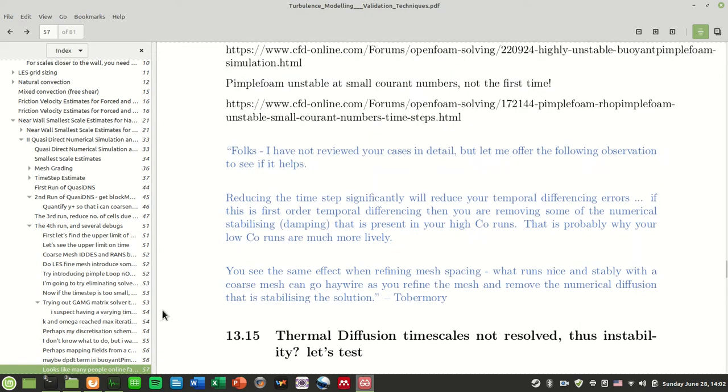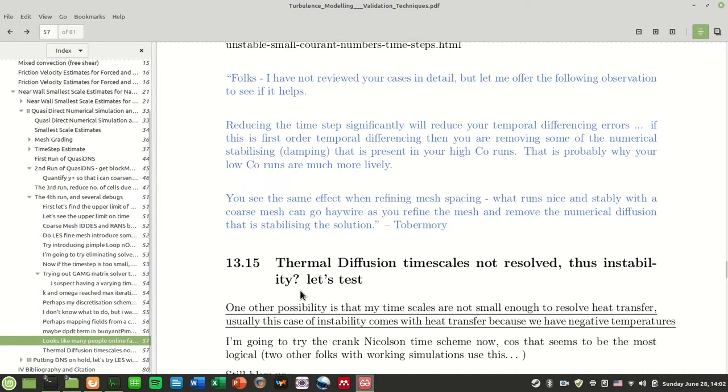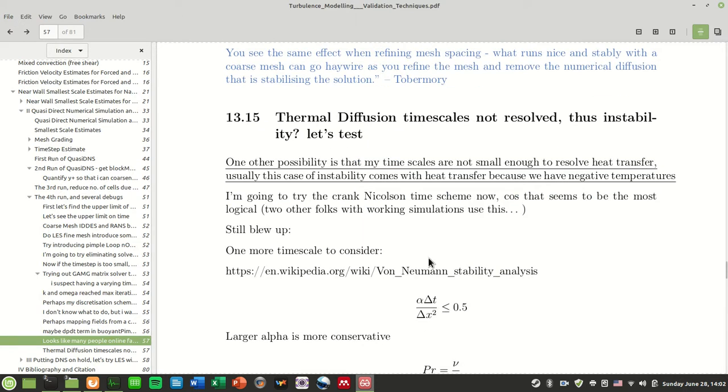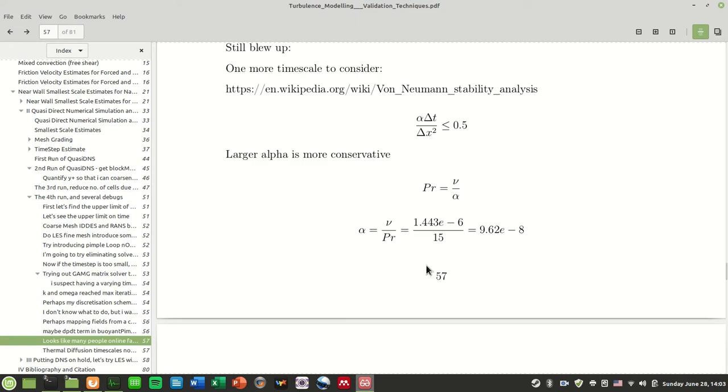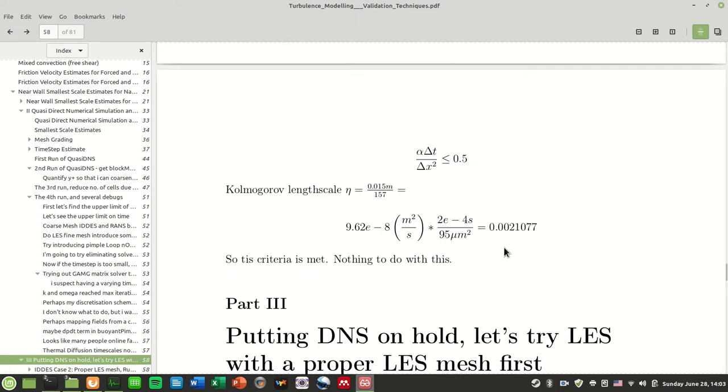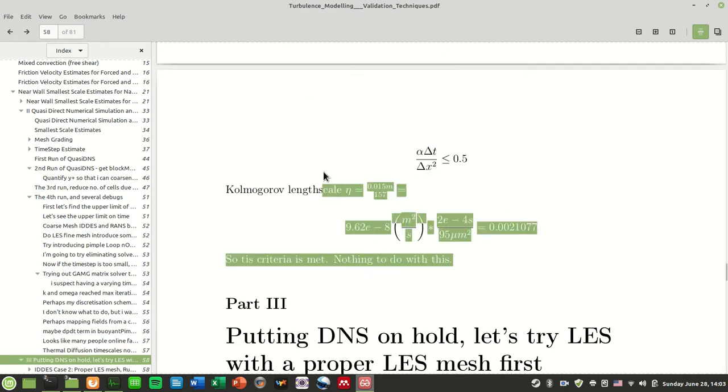So I went on to find whether I was missing other aspects of this simulation, for example the thermal diffusion timescales. Am I not resolving something? Is my time scale, the Kolmogorov scale, not small enough, so that I'm not resolving something? Is that why it is causing this instability issue? I found out that, long and short of it, it wasn't the issue. The criteria for that is met.